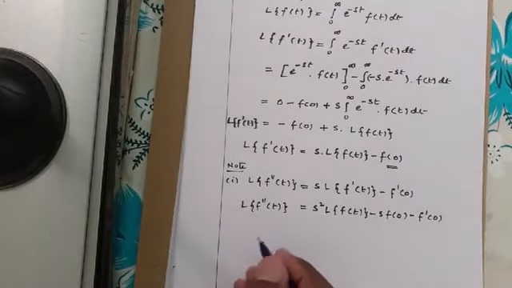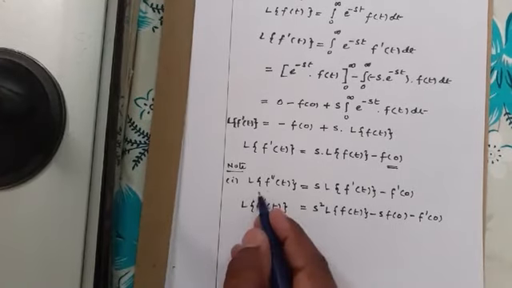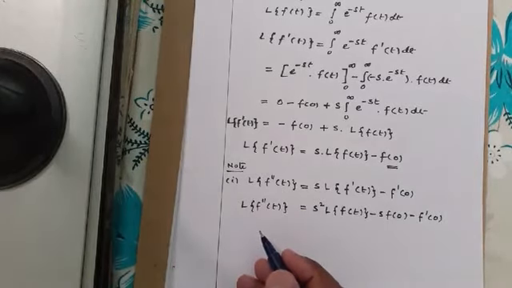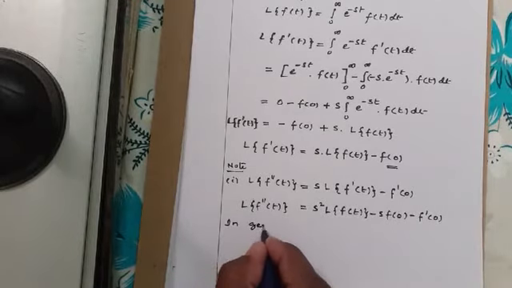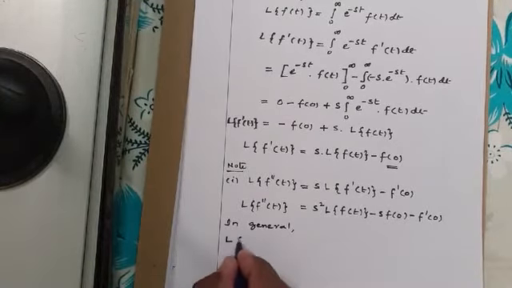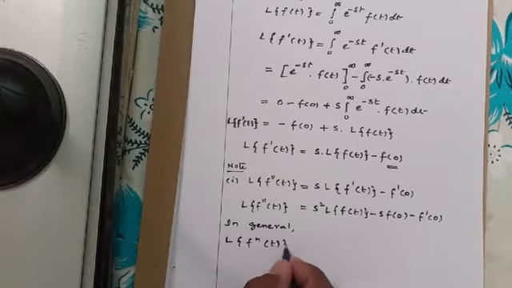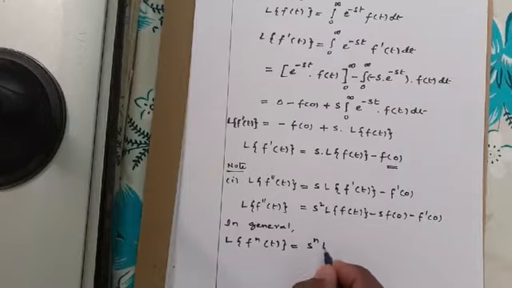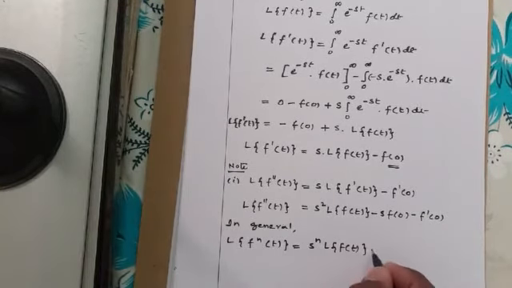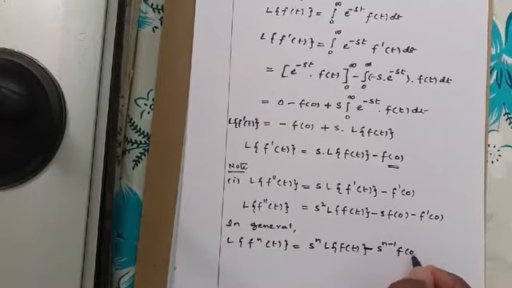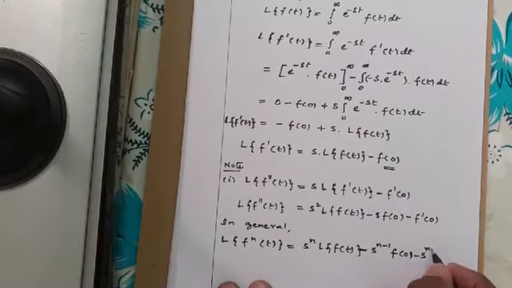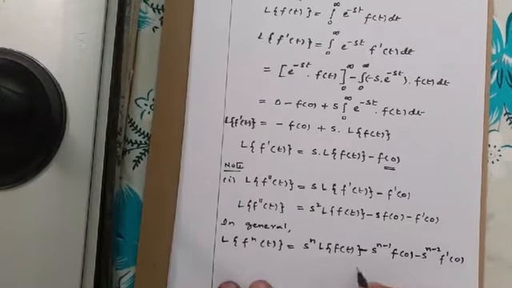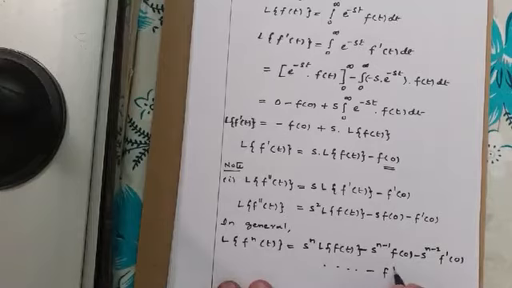In the same way, when you take Laplace of f triple dash of t, then Laplace of f power 4 of t and so on, we will write in general: Laplace of f power n of t is equal to s power n Laplace of f of t minus s power n minus 1 f of 0 minus s power n minus 2 f dash of 0 and so on, minus f power n minus 1 of 0.